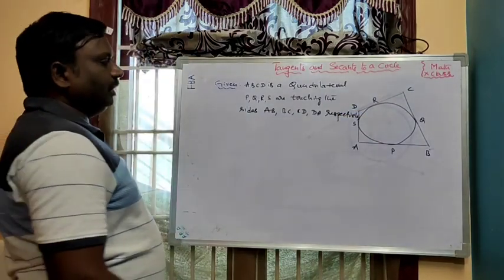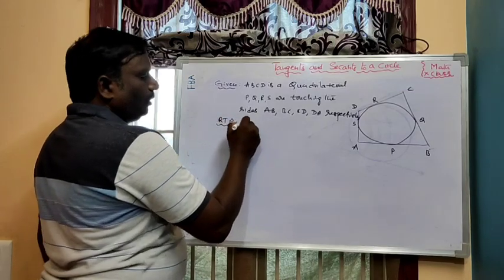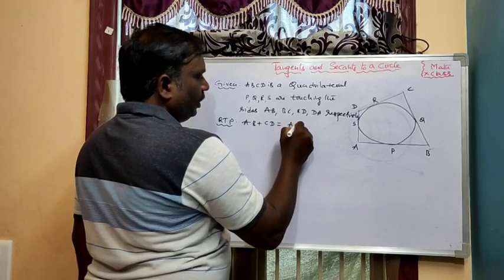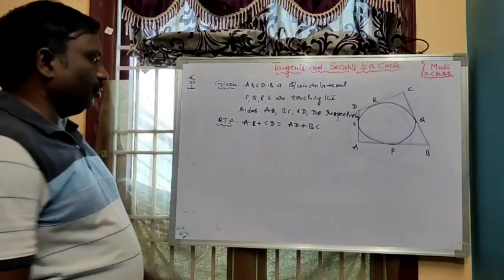So RTP, what do we have to prove? AB plus CD equals AD plus BC. So, proof.